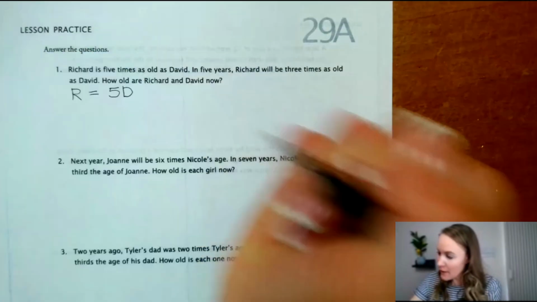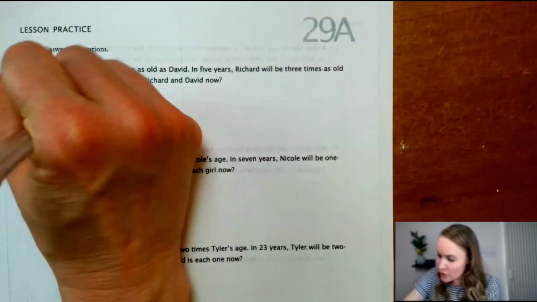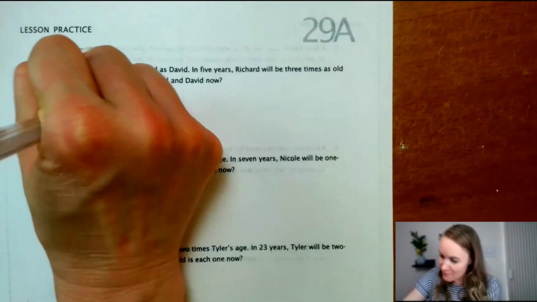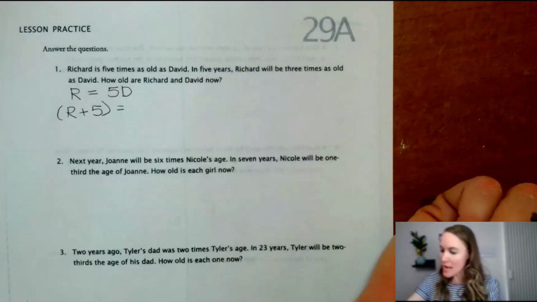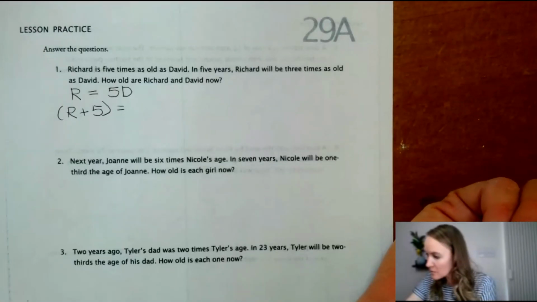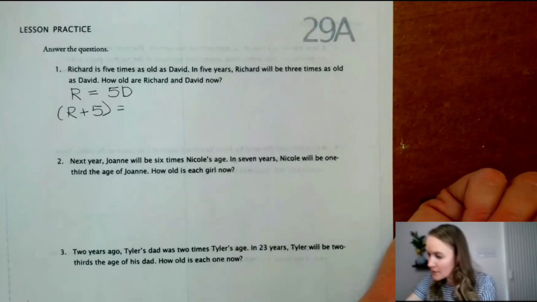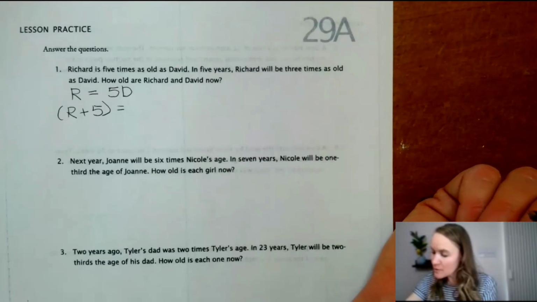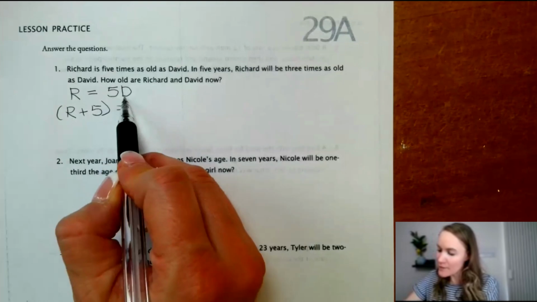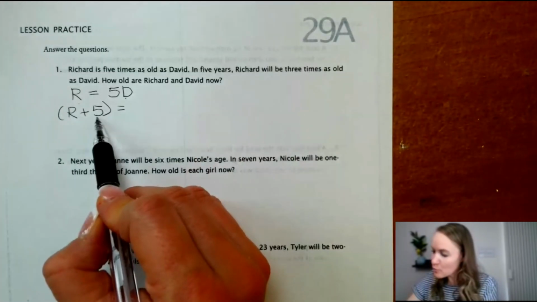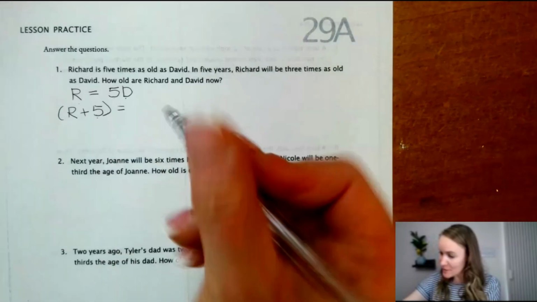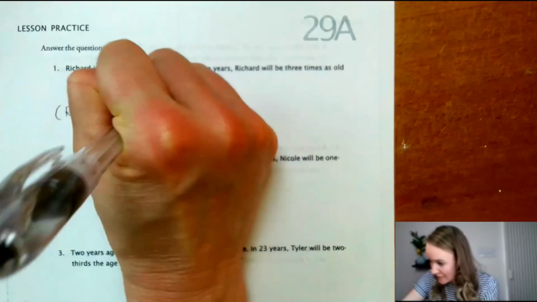So in 5 years, R plus 5 will be 3 times as old as David. Richard is 5 times as old as David, so we multiply David by 5 to get Richard. And then in 5 years, Richard will be 3 times as old as David.